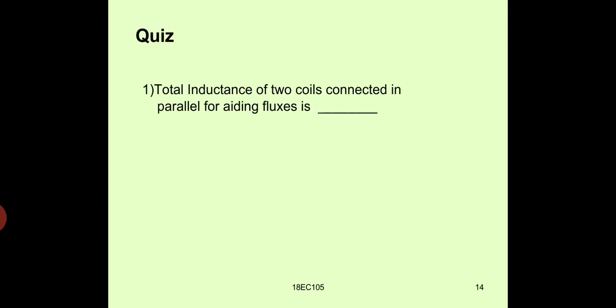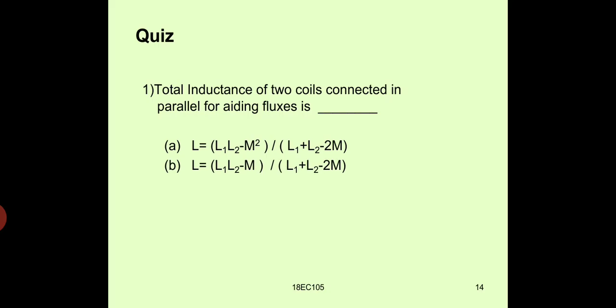Now let us check our memory with a small quiz here. The total inductance of the two coils when they are connected in parallel for aiding fluxes is, aiding means it has to be minus. Choice A is L equal to L1 into L2 minus M square divided by L1 plus L2 minus 2M.